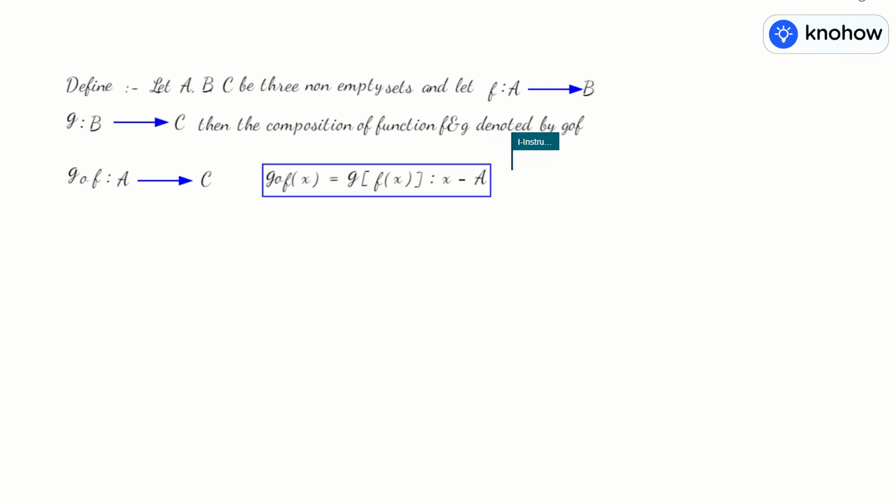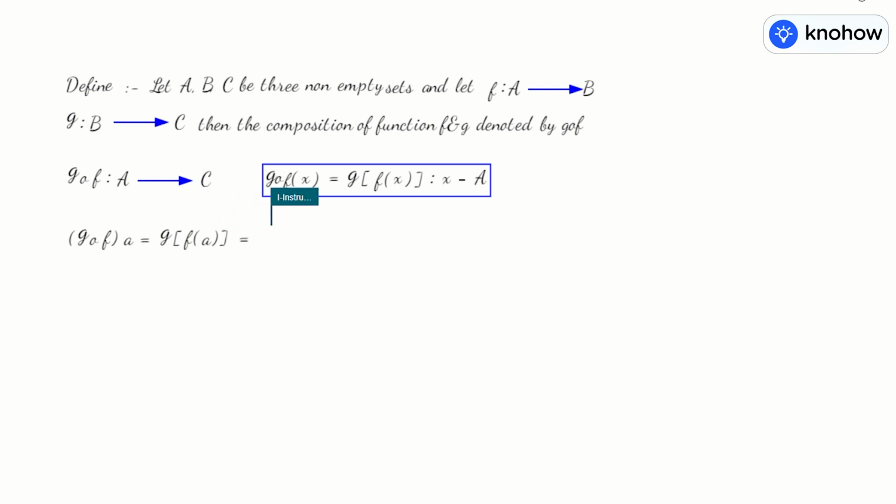So this is the definition of composition of functions, and I have already discussed with you one example. I repeat formally now: what do we mean by GOF of A, where A is a student in set A? It means G of F of A. Now what is F of A? It means student A studying in which school.